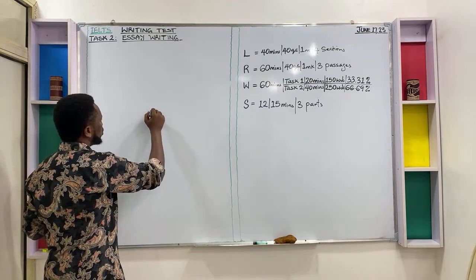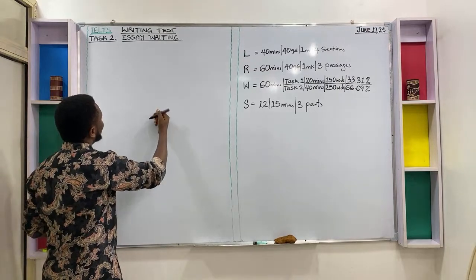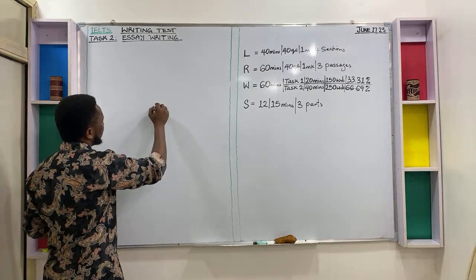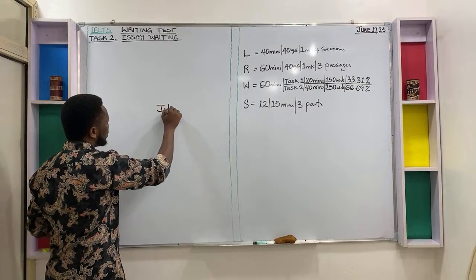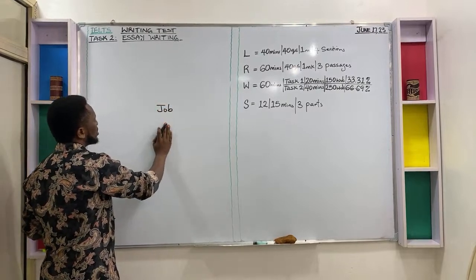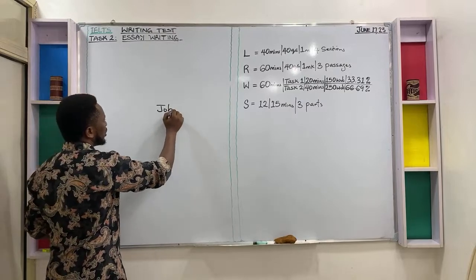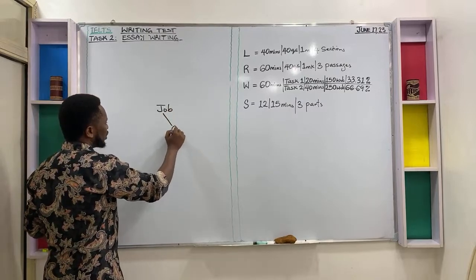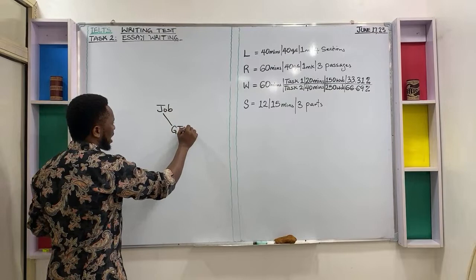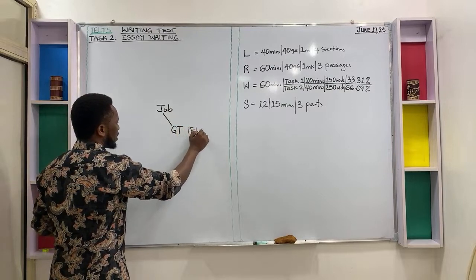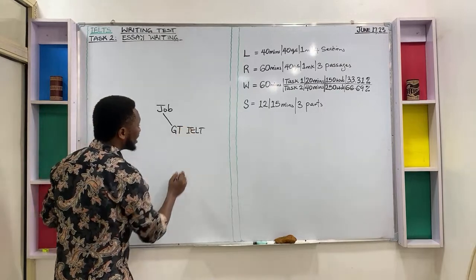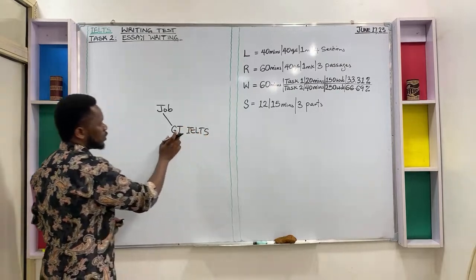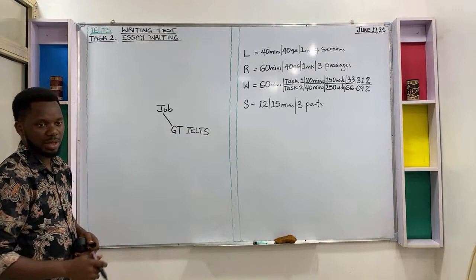You may be required to provide your IELTS results because you want to apply to work. So, if your IELTS test is for a job, then you'll be required to write the general training IELTS.